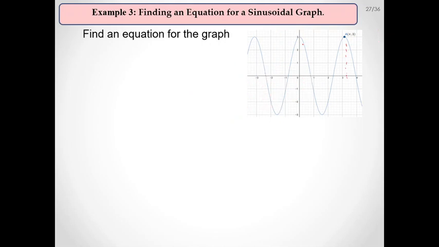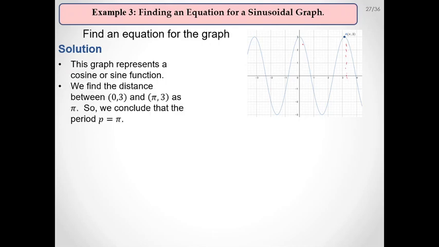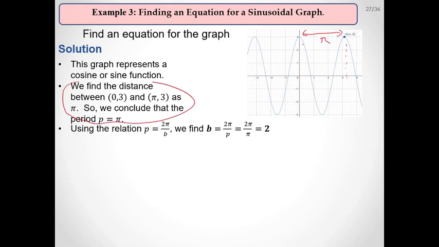Now let's follow the slide and see what's next. This is cosine and sine, definitely. It's a wave, and the distance between these two points is pi.